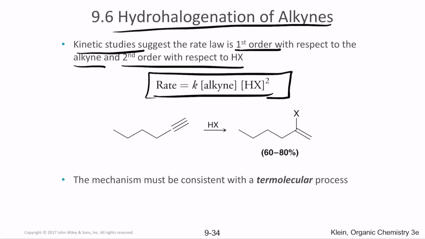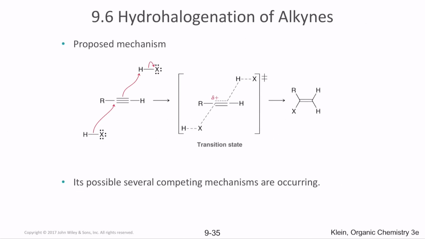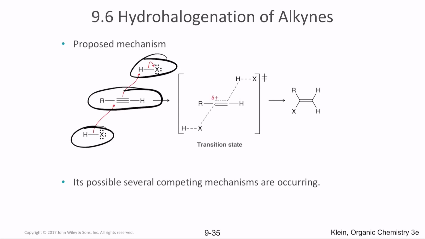So the mechanism must be consistent with a termolecular process, which involves all three to be present at the exact same time. It needs two hydrohalic acid molecules and the alkyne at the same time for this to undergo the reaction. For each alkyne, you need two hydrohalic acids to create this structure.